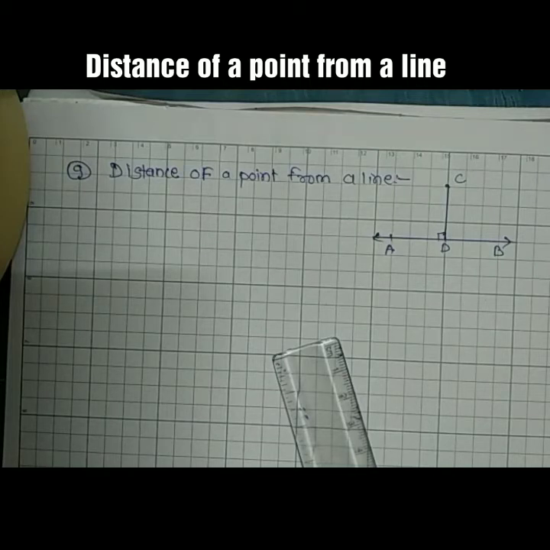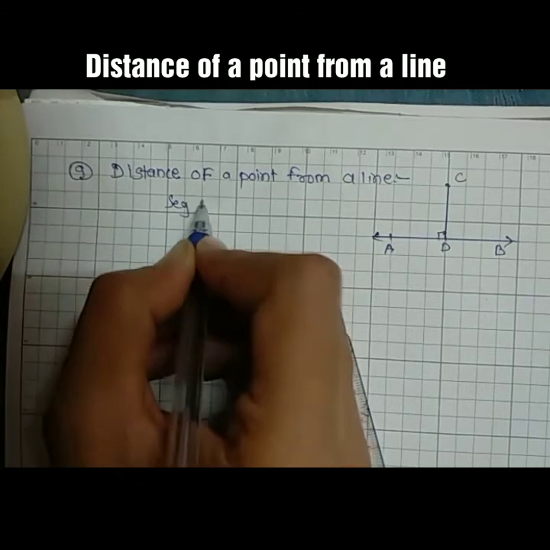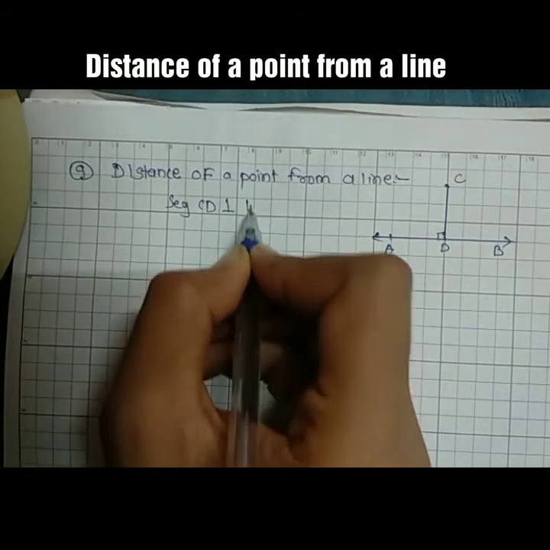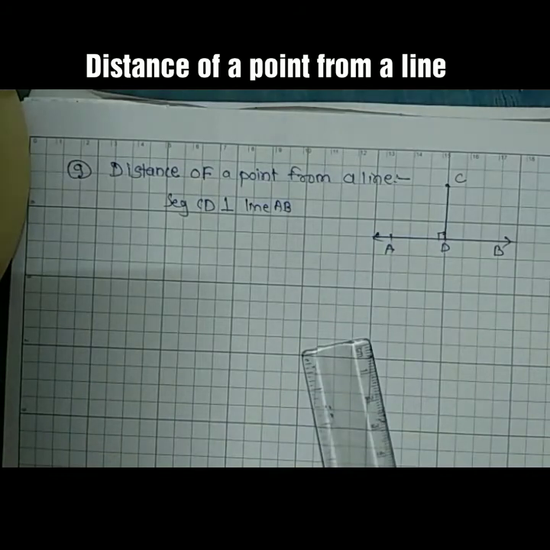If segment CD is perpendicular to line AB and the point D lies on line AB, then the length of CD is called the distance of point C from line AB.